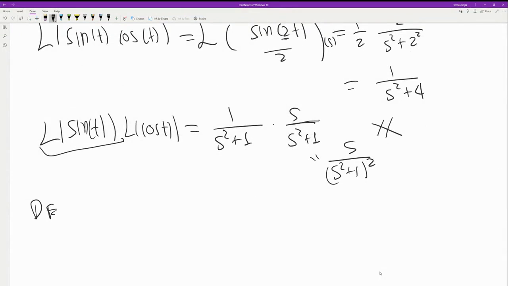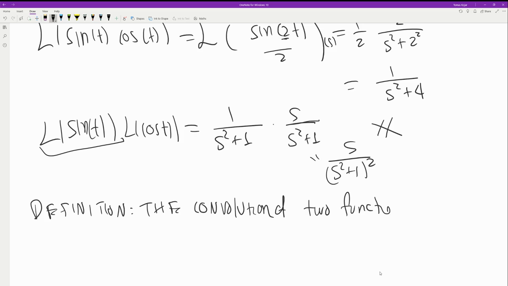So a definition: the convolution of two functions, f(t), g(t), is as follows.